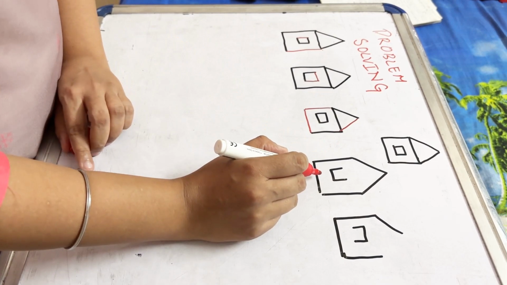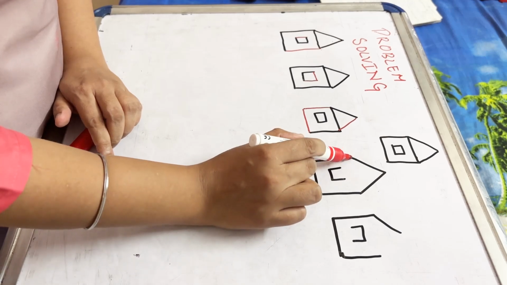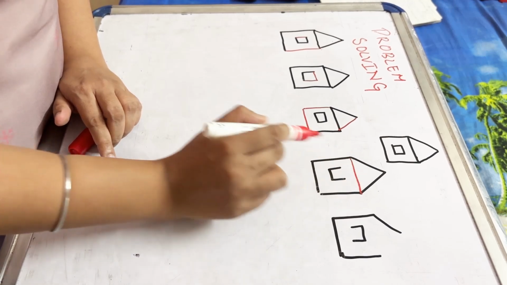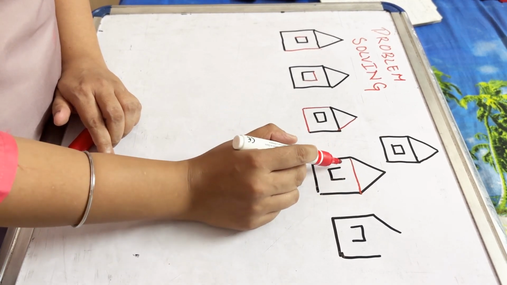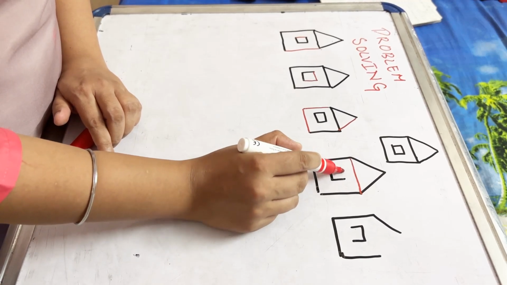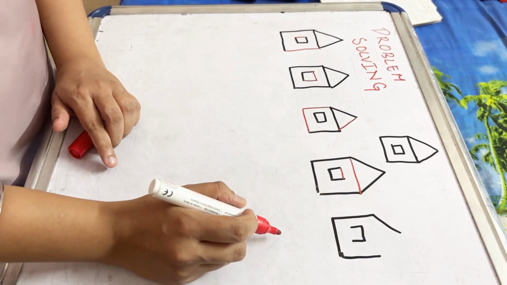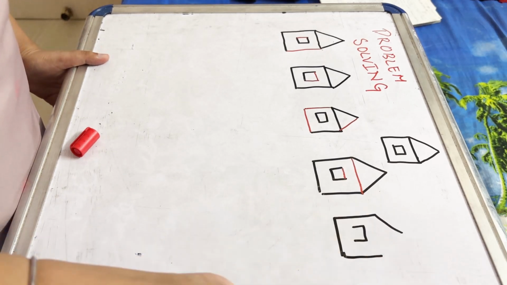Moving to the next one, a triangle on top. The sleeping line is missing. Then square at the bottom and a square inside. It looks like a U. Let's complete the square.